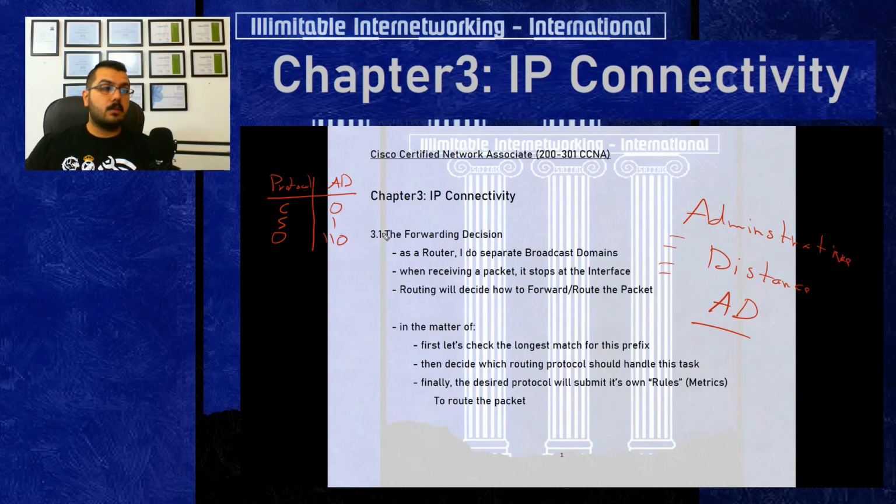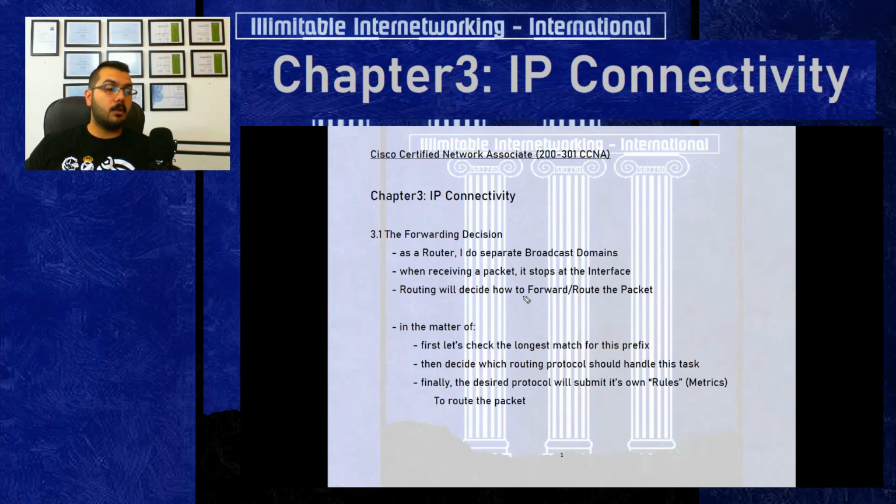The moral of this story is that when two or more routing protocols compete to route a packet, the one with the lowest AD wins, and the router will rely on this specific routing protocol to route this specific packet. So in the case of OSPF and static, static will win because it has the AD of 1.